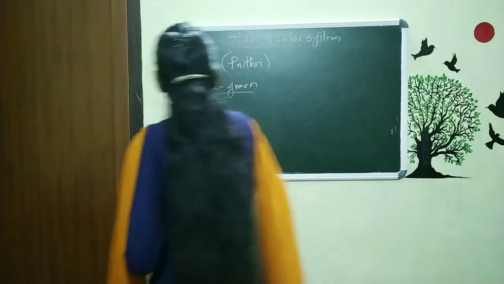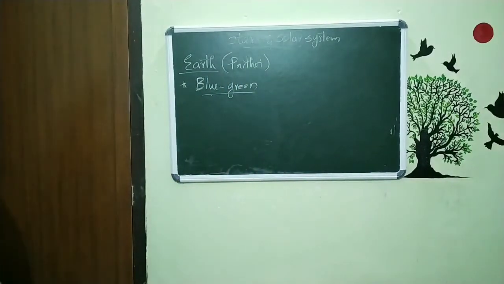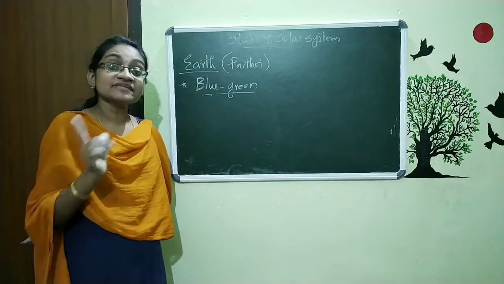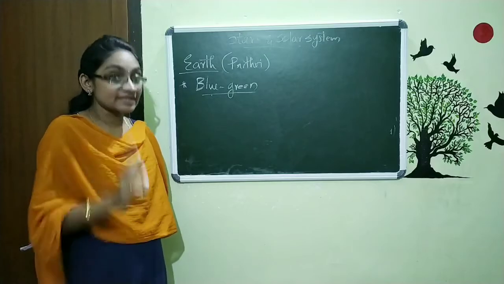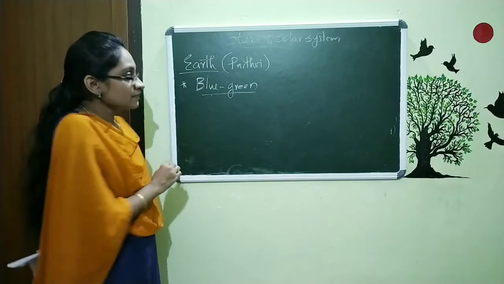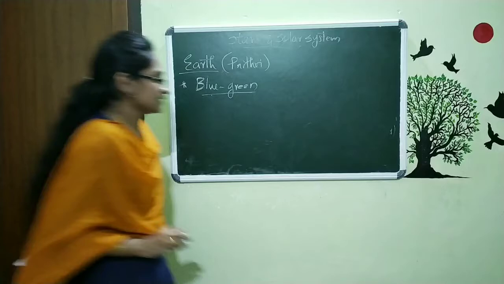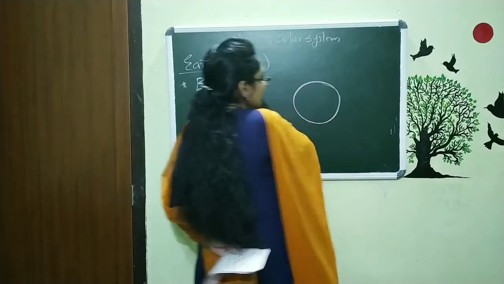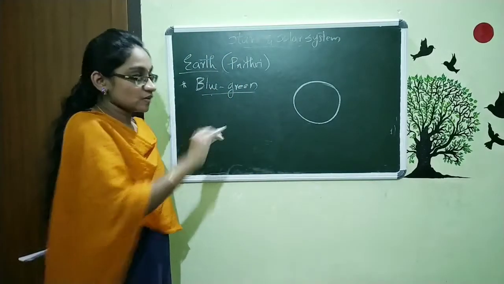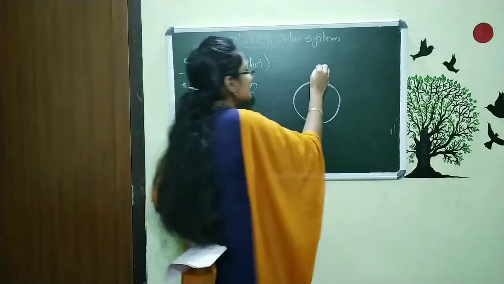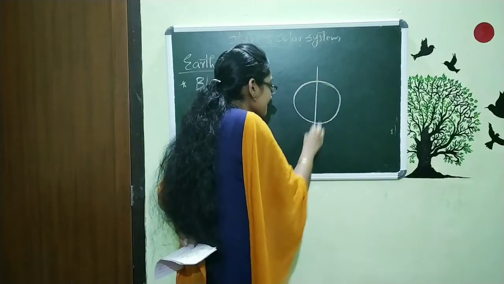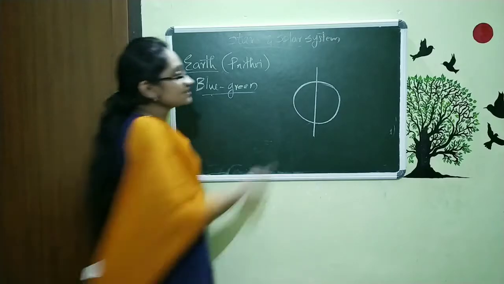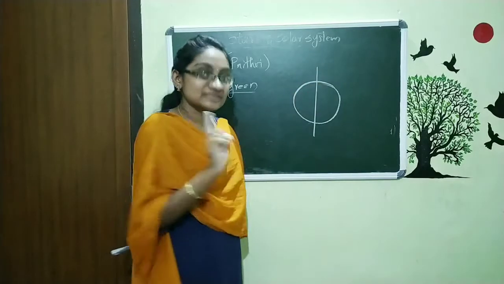The next point is this. When we talk about the planets, we said that they are revolving around the sun. That is okay. And then we said that all the planets are rotating on their own axis. But Earth has something different. It is rotating, it's okay, but some of the planets rotate on their own axis perpendicularly, that means the axis is straight.